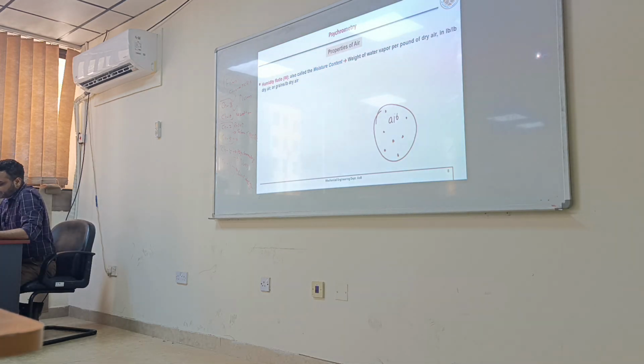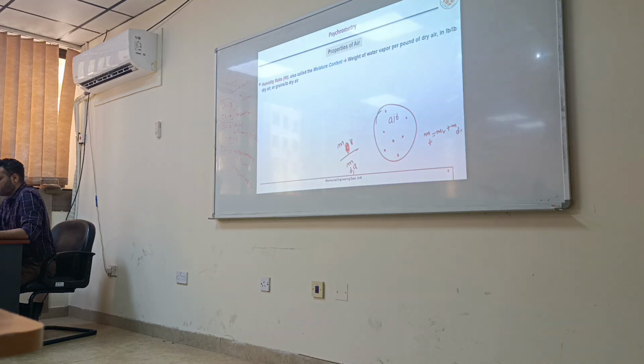So the amount of water vapor, m of v divided by m of dry air. Total is mv plus m of dry air.